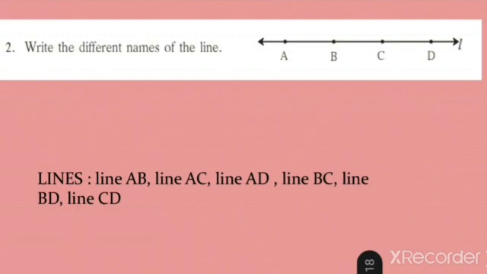As I told you, a line is made with numerous points. So you can take any 2 points from the above figure and name it as a line. So we can name it as line AB, line AC, line AD, line BC, line BD and line CD.